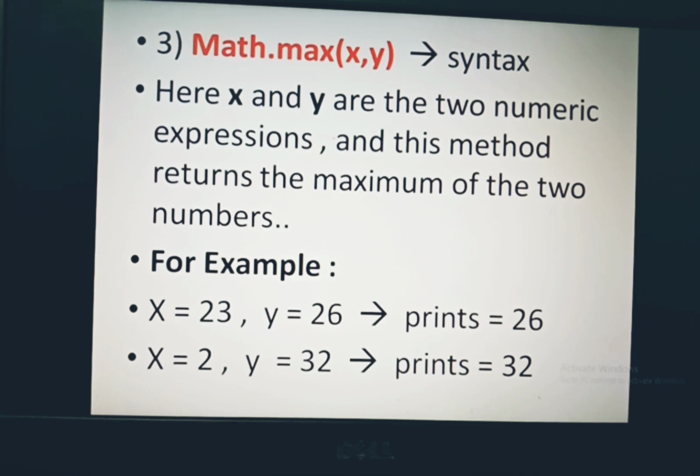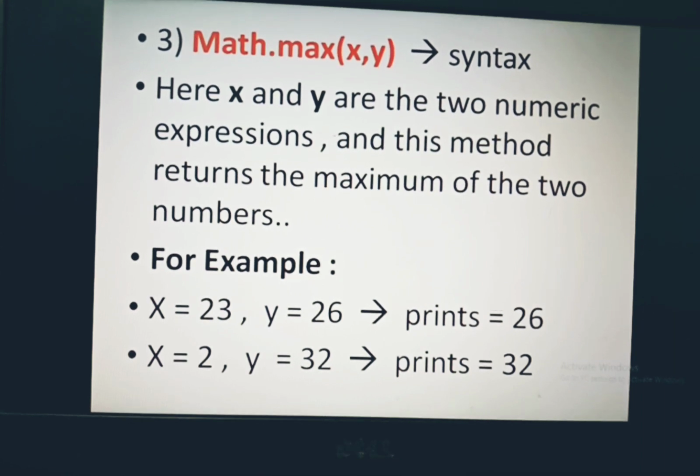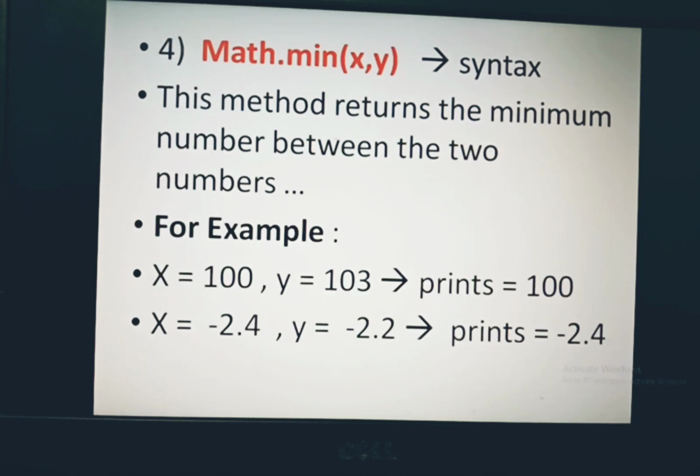Okay, so let's move to the fourth function. The next function is Math.min. This function is just the opposite of Math.max, and the syntax is Math.min. This method returns the minimum between two numbers. The one we studied just earlier returned the maximum number, and this method returns the minimum number.